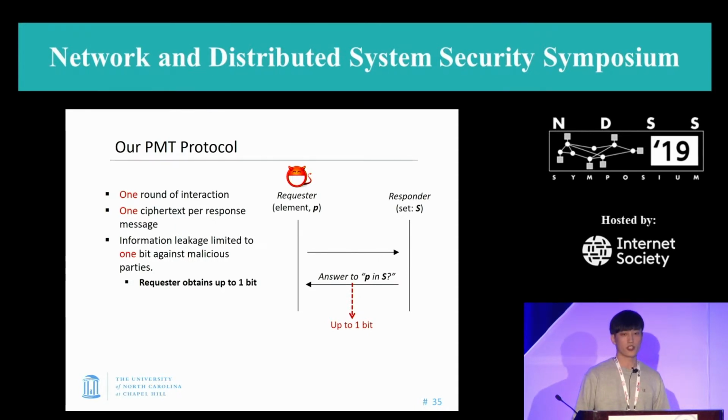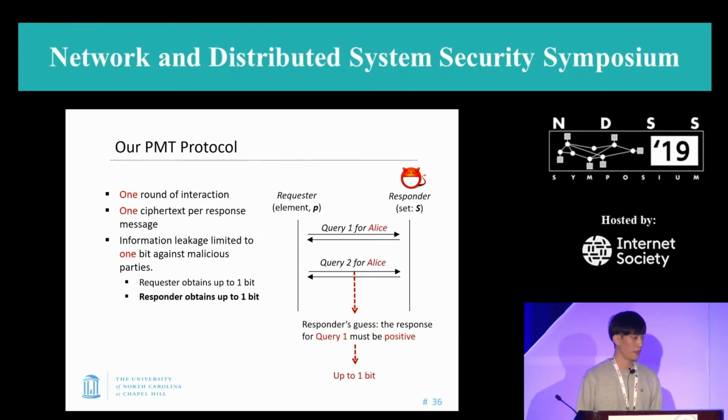Such information leakage is actually by design, since an answer to any yes or no question will reveal up to 1 bit of information. A malicious responder could possibly infer the PMT result by observing whether or not the protocol is repeated. For example, if the requester continues to query for the same user, then the responder could guess that the last PMT must be positive, so the user had to submit another password for a new check.